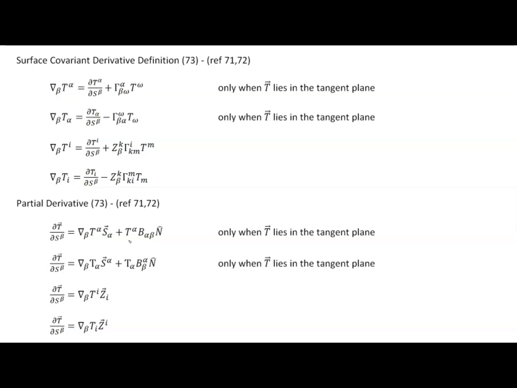The only real difference is the addition of these terms out here. We found that for a curved manifold, we have to add these terms, which represent a normal projection, in order to accommodate the fact that the result of our partial derivative here may not lie in the tangent plane. So we have to add this as a normal projection.